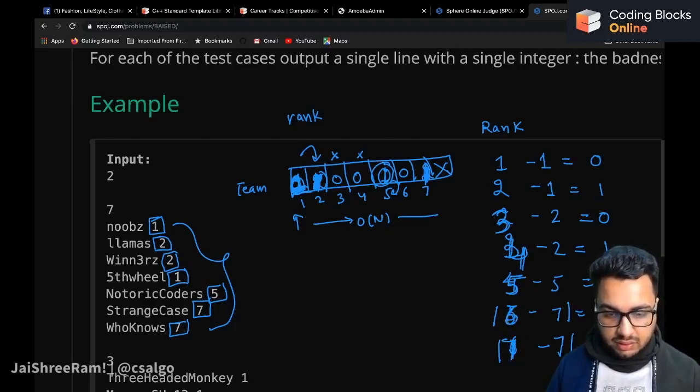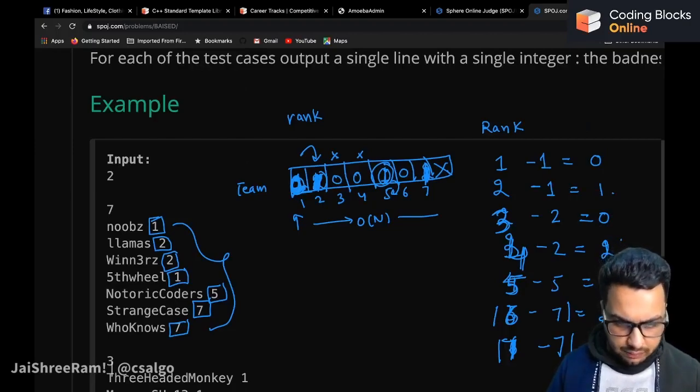So this is 0, this is 1, this is 0, this is 2, and this is 1. Now you can see this total badness 1 plus 2 plus 1, that is 5. This is also 1. So this is now 5.